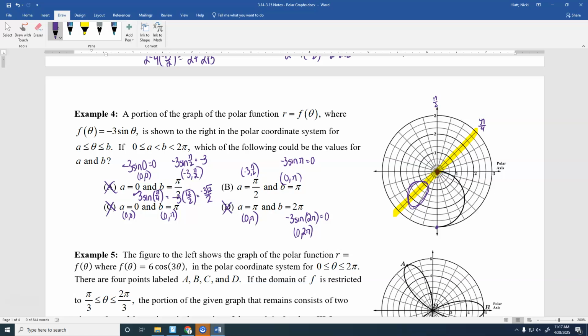And now to double check that this is going to work, let's try something between pi over 2 and pi. So maybe like 3 pi over 4. If I do negative 3 sine of 3 pi over 4, sine's your y coordinate. You are still going to get square root of 2 over 2. You still get negative 3 root 2 over 2, but we plugged in 3 pi over 4, right?